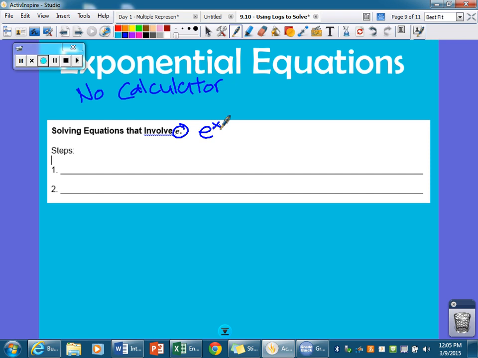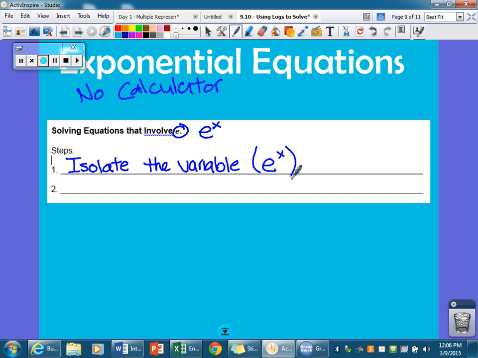There are only 2 steps, pretty easy. The first part is to treat the e to the x like an x, so you isolate the variable. That's the same as solving multi-step equations: add 3 to both sides, divide by 2. And when I say variable, I mean e to the x. So your answer is going to be e to the x equals a number.